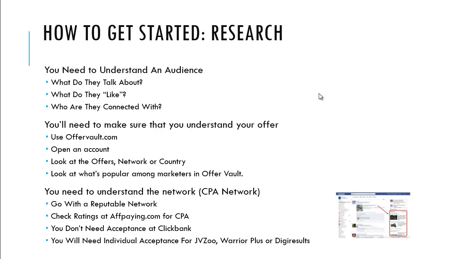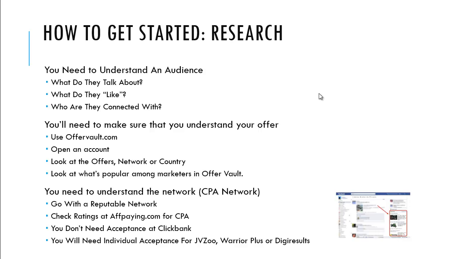Okay, you can pretty much rely on JVZoo and ClickBank. Now, that doesn't mean that there aren't unscrupulous characters there. However, for the most part, when you create an offer, the customer that buys that offer is going to get what they paid for, and it's going to get delivered, and you're going to get paid directly from the product creator.